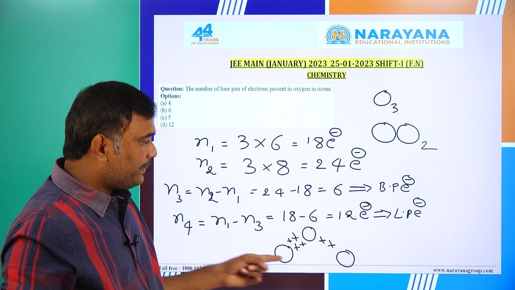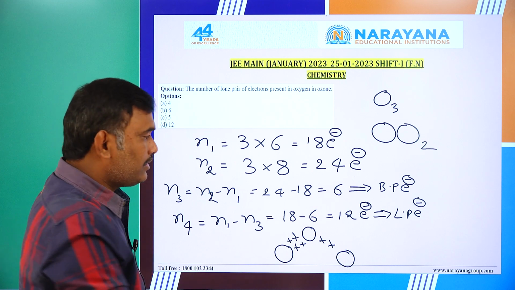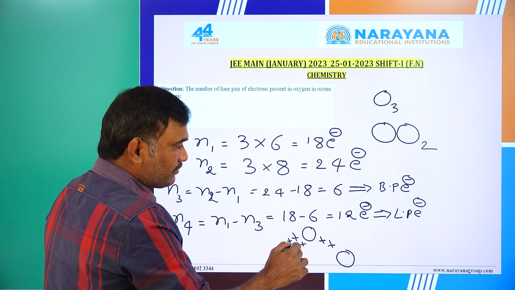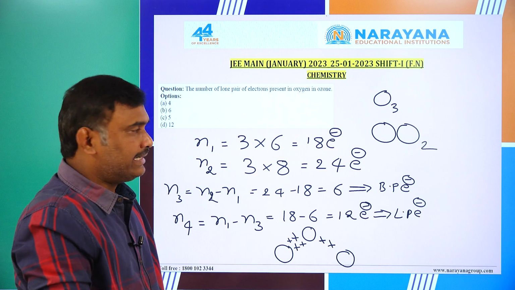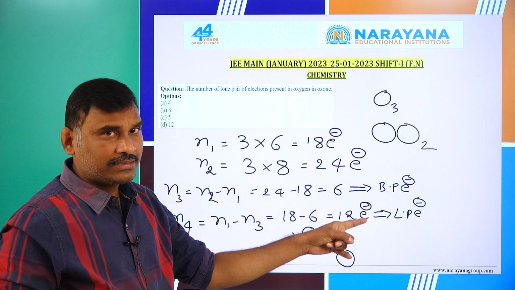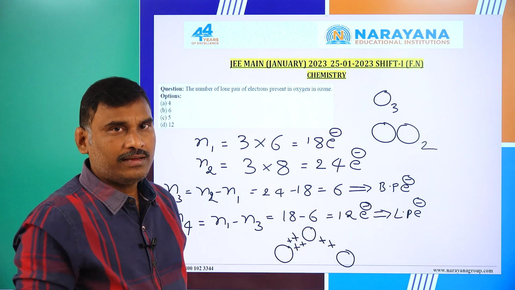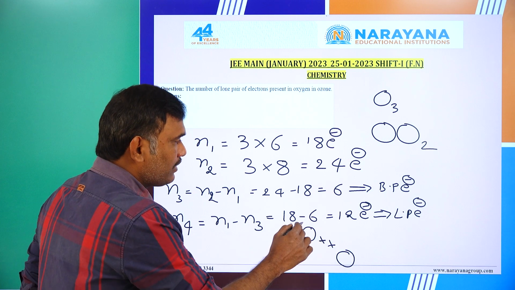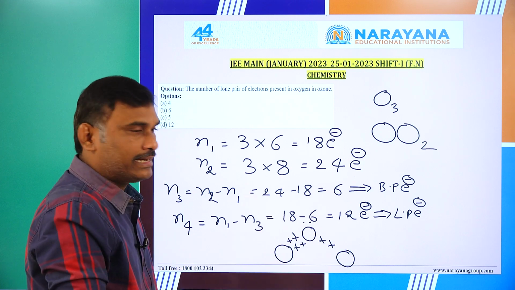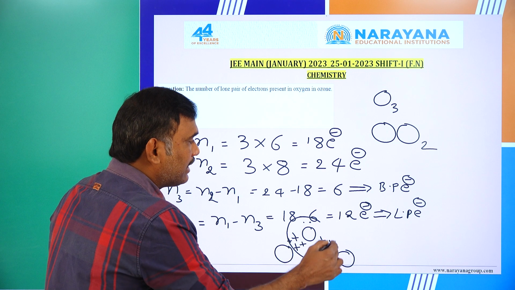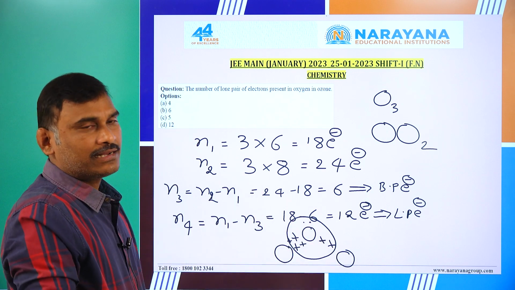So the total bond pairs are over. Now this oxygen has 6 electrons around it. Now to satisfy octet configuration, try to arrange lone pairs. One lone pair I am placing here. Now automatically the central atom gets octet configuration.